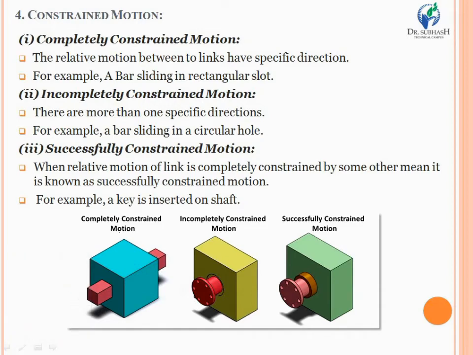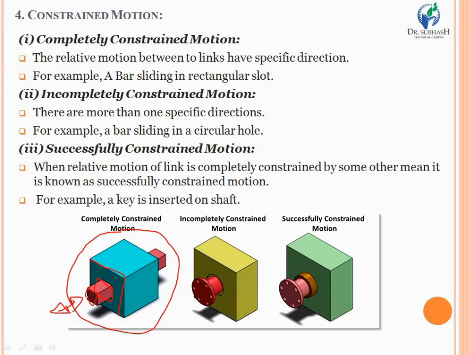That means if you are taking this diagram and observing clearly, there is a box in which a square slot is cut, and in that particular square slot a square bar is inserted. If you are pushing it or even pulling it, what happens? There is only one chance for the square bar to move, either in forward or backward direction.